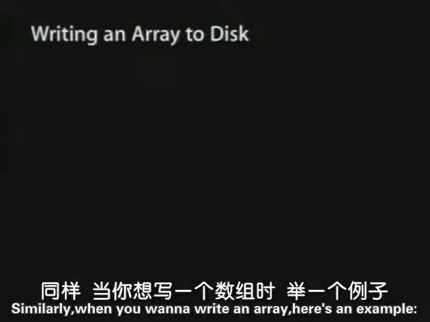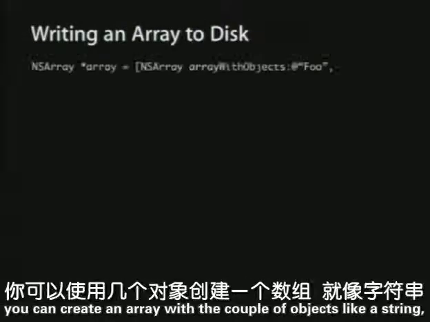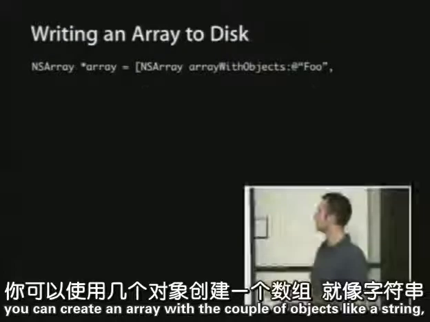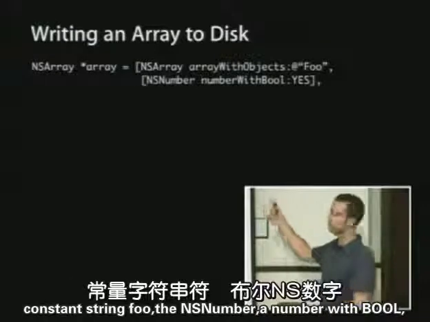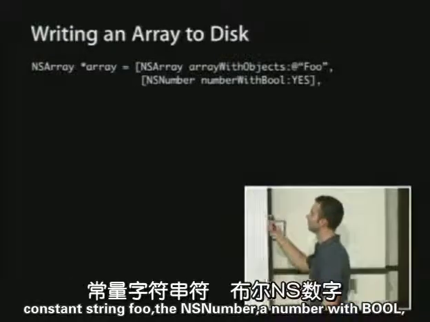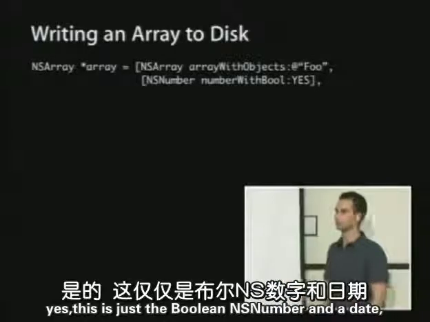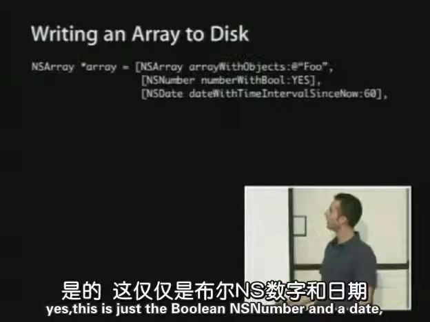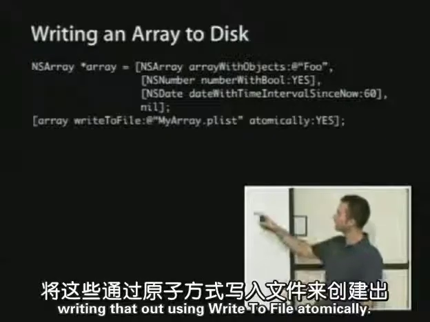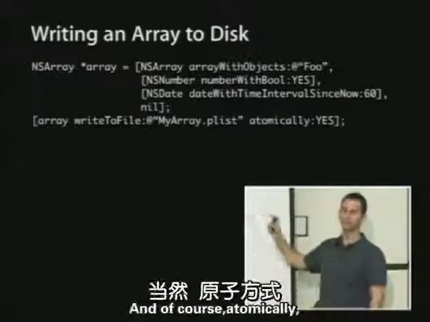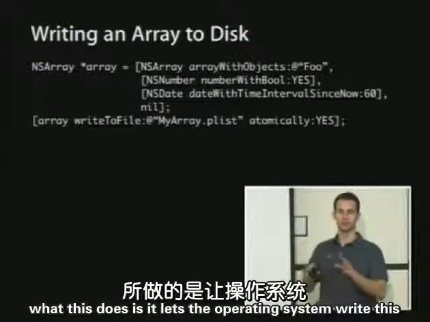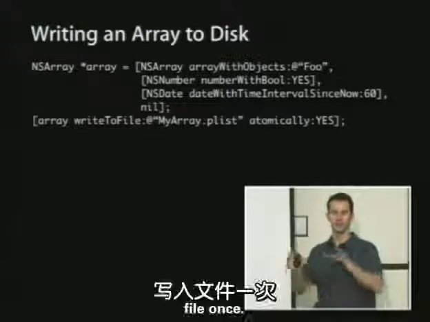So similarly, when you want to write an array, here's an example. You create an array with a couple objects, like a constant string foo, the NSNumber with BOOL yes, which is just the Boolean NSNumber, and a date. Writing that out using writeToFile atomically, and of course atomically, what this does is it lets the operating system write this file at once.